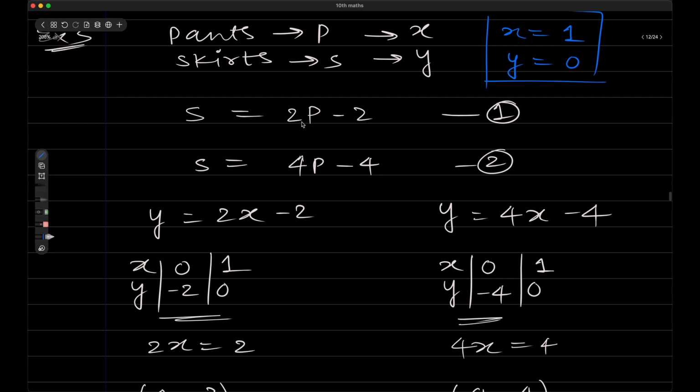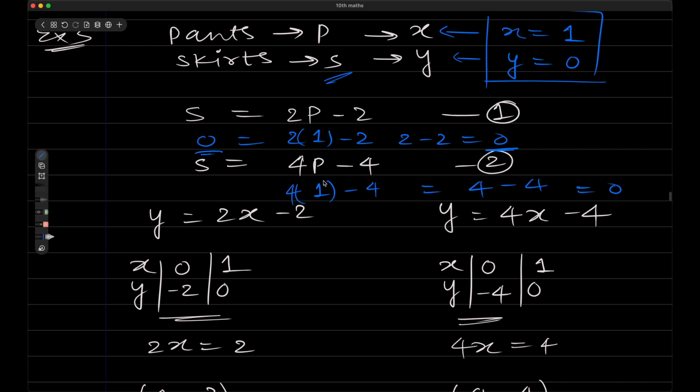If we put in the first equation, p equals 1 and s equals 0, that is y: 2 into 1 minus 2 equals 0, and that is s equals 0. Both of these satisfy. If we put x and y in the second equation, p equals 1, 4 into 1 minus 4 equals 4 minus 4 equals 0. We have s equals 0, that is equal to 4p minus 4. The equation satisfies.